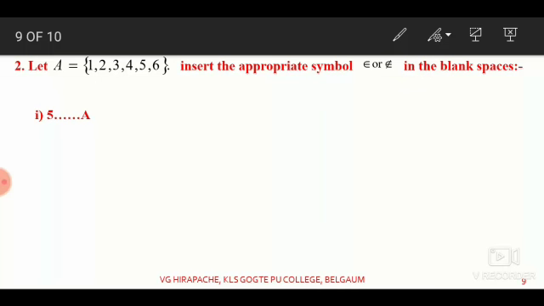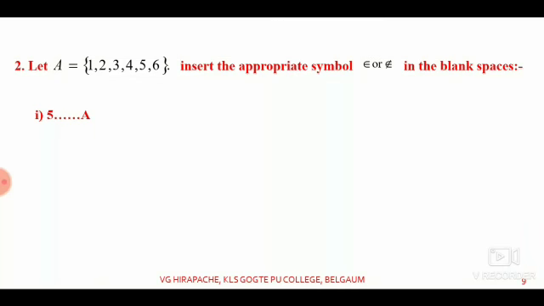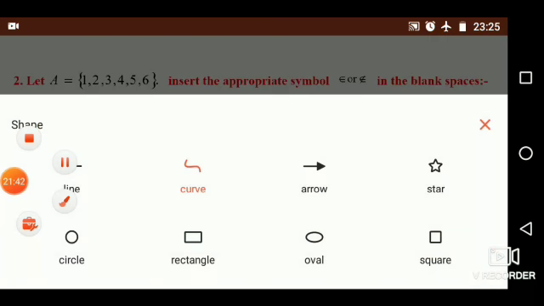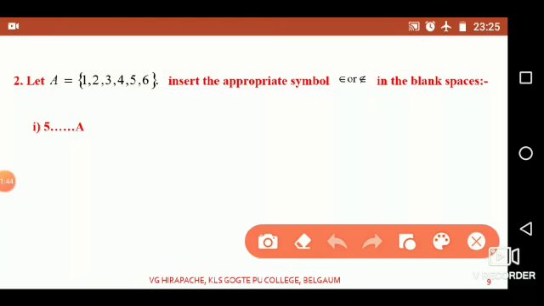Now, as you see here, the element 5, whether it belongs to the given set or not, one can easily understand that 5 is a member of set A. Therefore, one can show it by the symbol for belongs to. Therefore, we can write 5 belongs to the given set A.